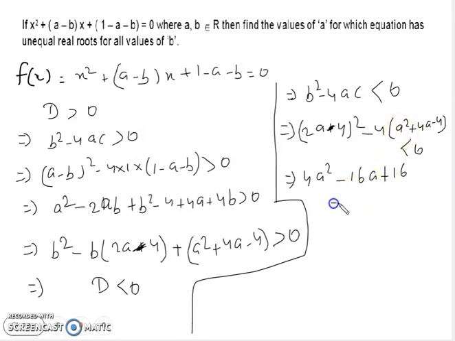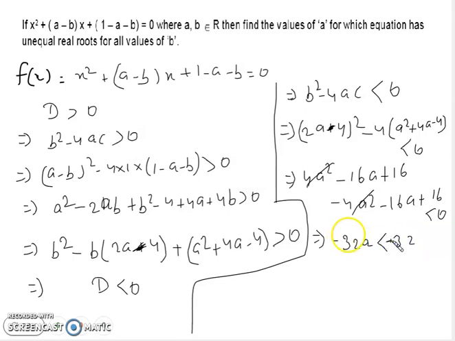Now we write minus 4a square minus 16a plus 16, which is also less than 0. So this and this term will cancel out, leaving minus 32a. When we send the constant term 16 plus 16 equals 32 to the other side, we get minus 32.